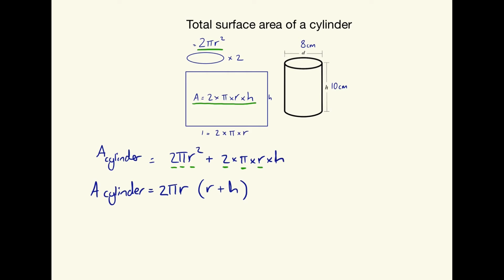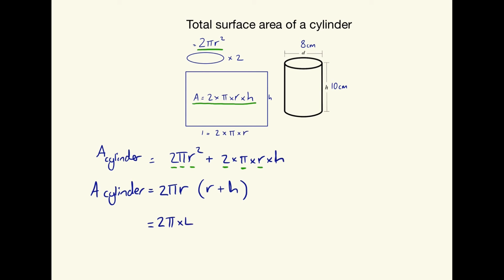So they will combine together, and there we have the formula for the area of a cylinder. It is equal to 2 pi r multiplied by r plus h. Now if we go ahead and use this formula to work out our example, we substitute in the radius and the height. That would be 2 pi. Now our radius, if our diameter is 8 centimeters, would be 4 centimeters.